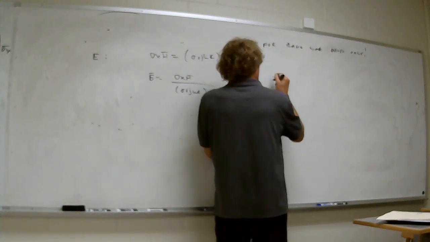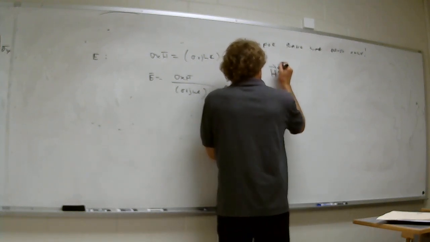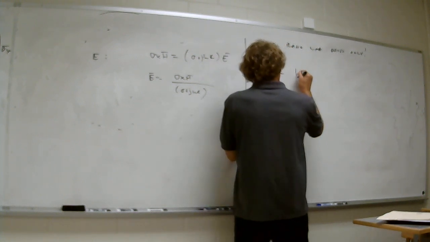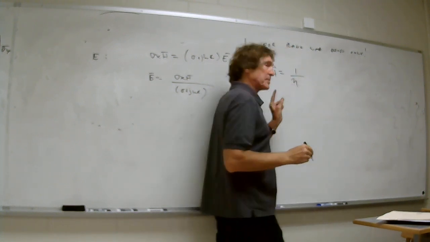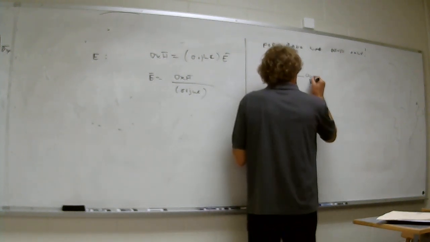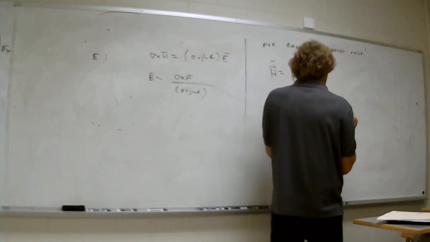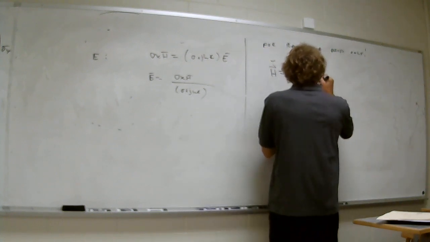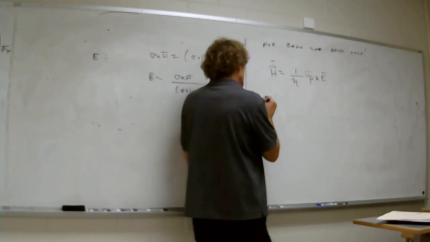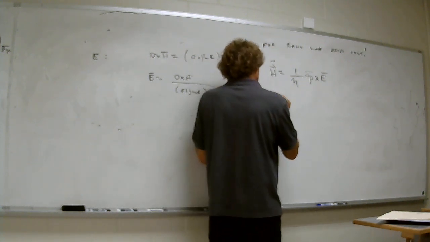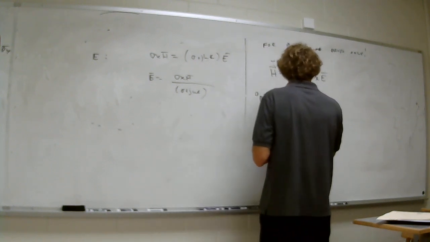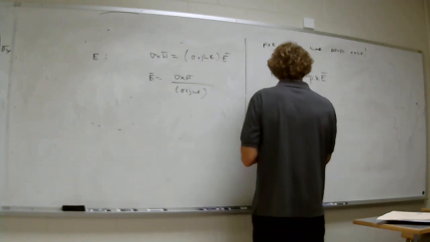If you want the H field and you have the E field, in the phasor domain, you can take 1 over the intrinsic impedance of that media times a unit vector in the direction of propagation, crossed with E, and you can get the H field. Now, here, a_P is a unit vector in the direction of propagation.